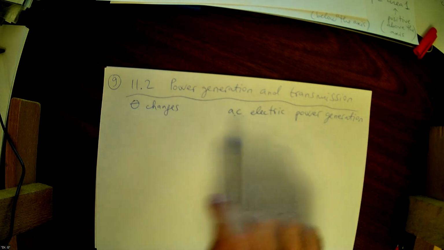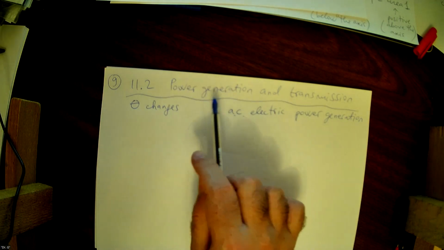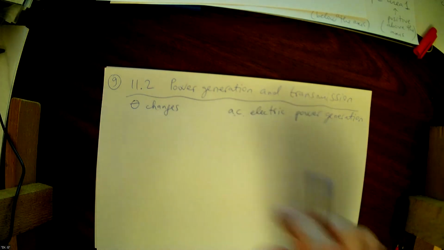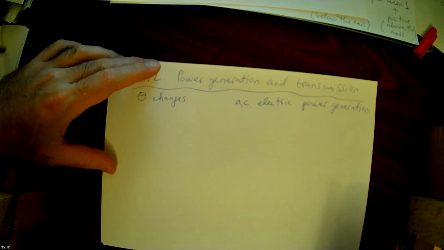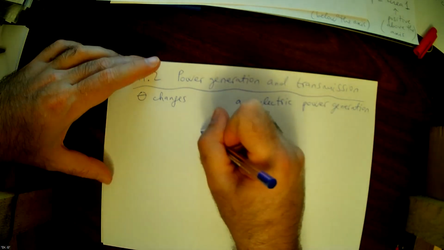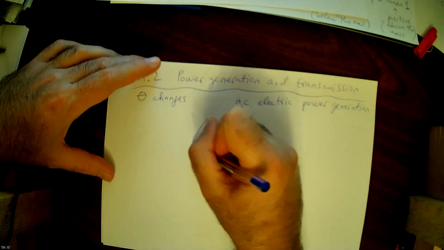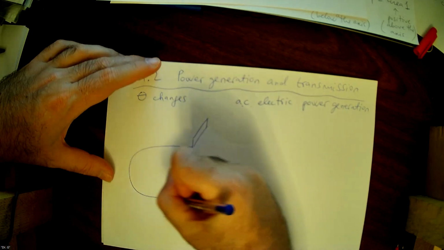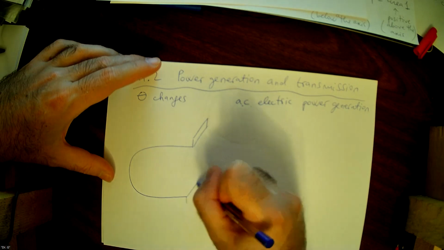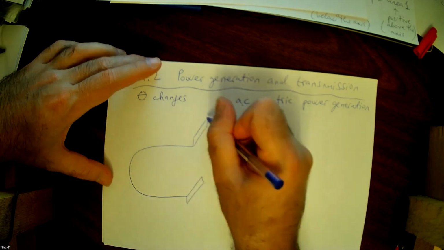But right now we focus on AC electric power generation, yeah? And what do we have? Okay, for simplicity, let's use a horseshoe magnet.